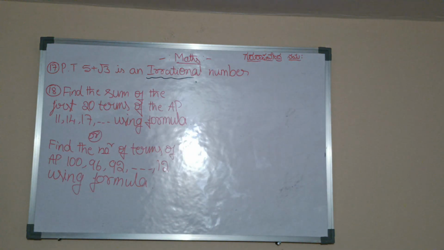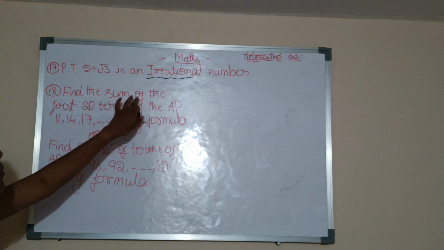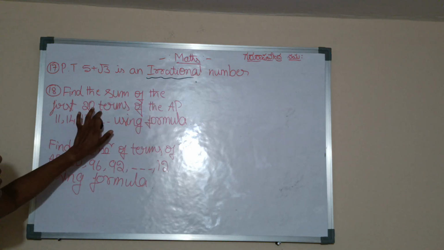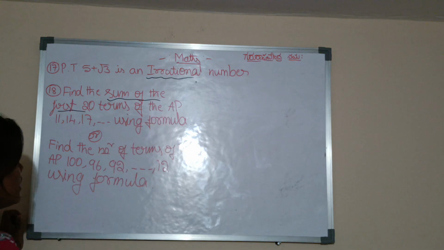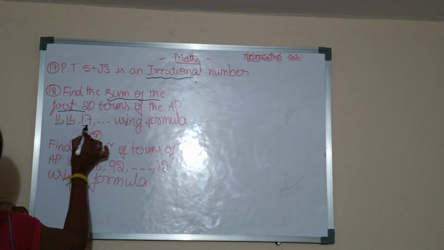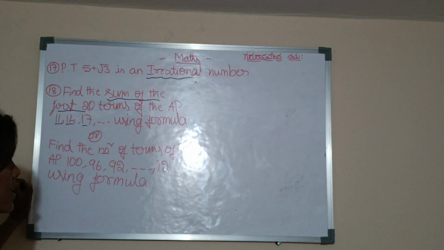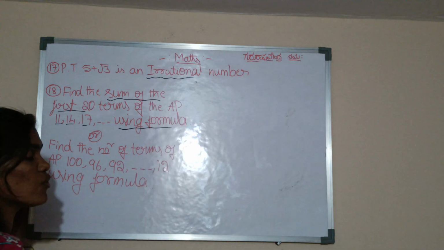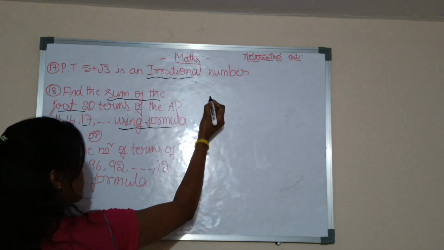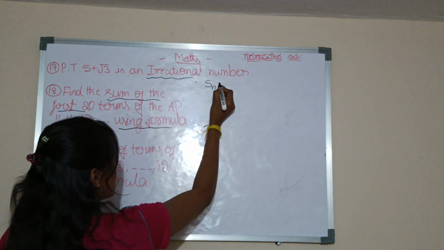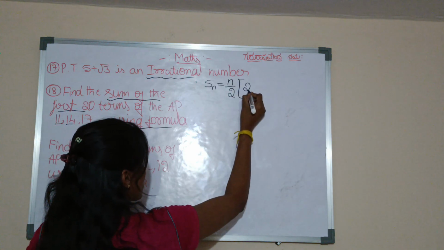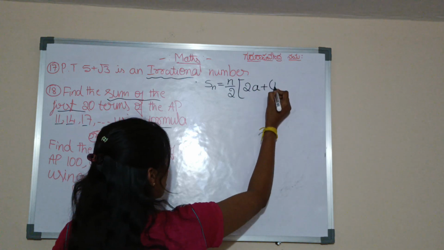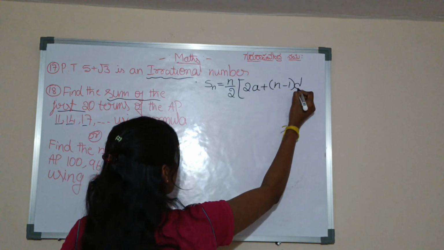Let us move to the next question, the 18th question. Find the sum of the first 20 terms of an AP, arithmetic progression: 11, 14, 17. They clearly mentioned using the formula, so you have to use the Sn formula: Sn is equal to n by 2 into 2a plus n minus 1 into d.